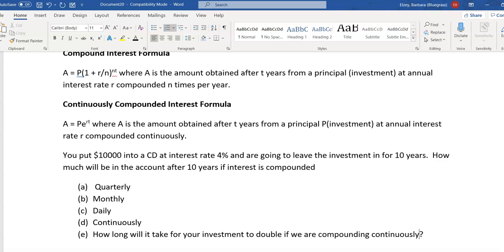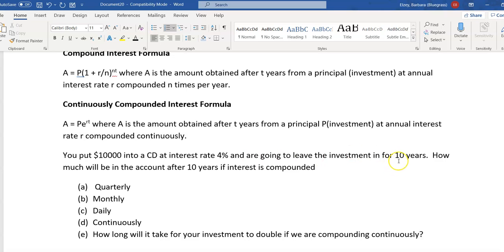Okay, so let's start with quarterly. Quarterly is not continuously, so we will use the compound interest formula. Now let's identify. The $10,000 is our P. It is our original principal or investment. The 4% interest rate is our R, but we always want to put R in as a decimal, so as 0.04.